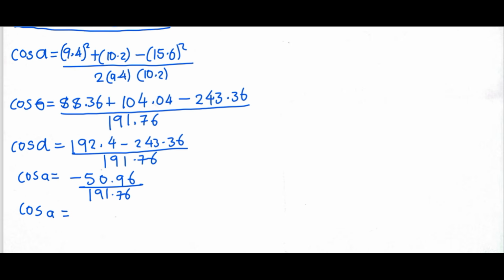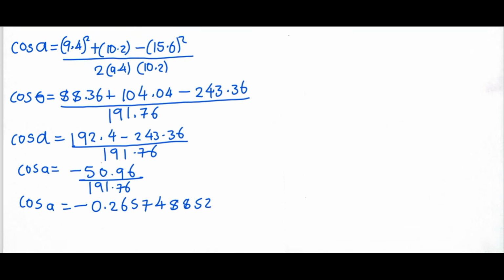So cos A is equal to negative 50.96 divided by 191.76, and I'm getting negative 0.265748852.